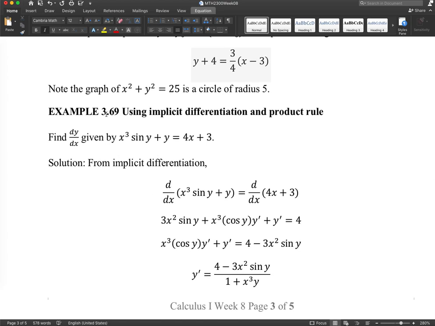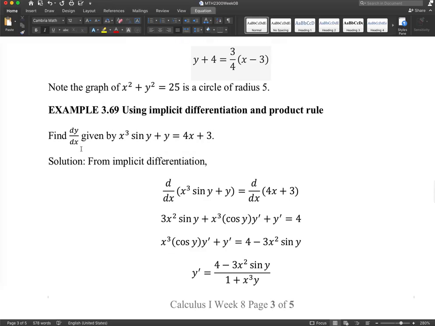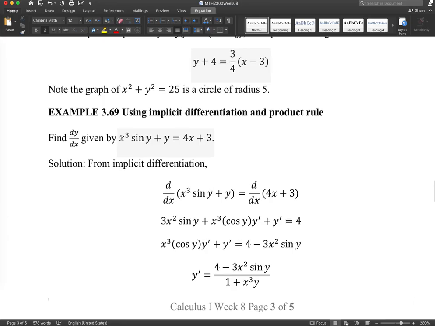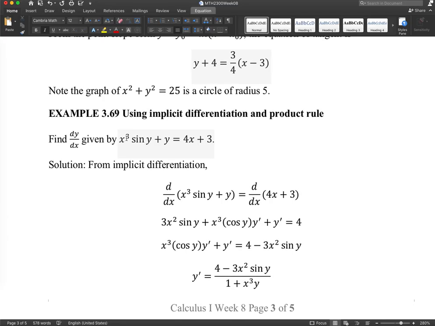It's example 3.69. We want to find dy/dx. This time you take a quick look. I think it is impossible to find an explicit formula for y here. So if you don't have an explicit formula for y, definitely you want to consider implicit differentiation.